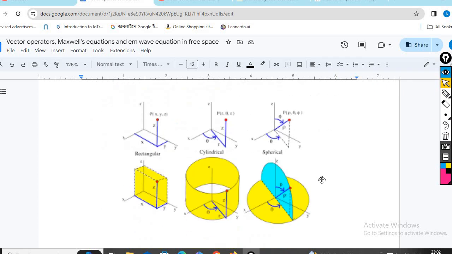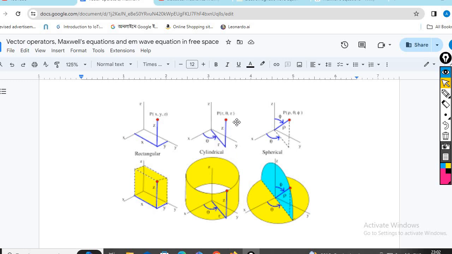Let me focus on this simple picture. The first one is the Cartesian or rectangular coordinate system, where you consider this point and this is the origin. You need some x, some y and some z along this direction. This gives you x, y and z in the system.